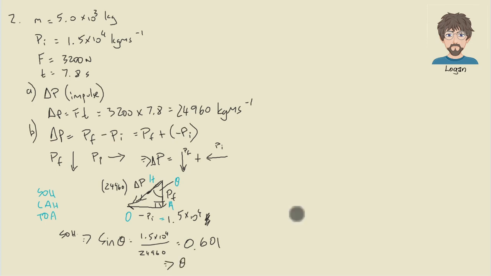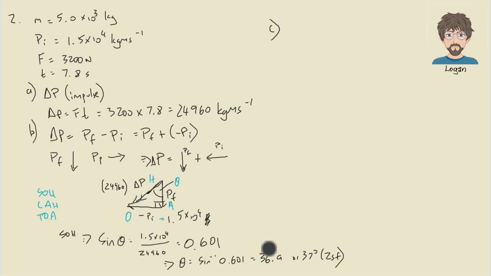Therefore, theta equals sine inverse of 0.601, which equals 36.9 or 37 degrees to two significant figures.